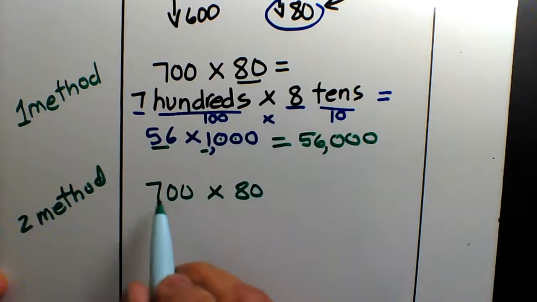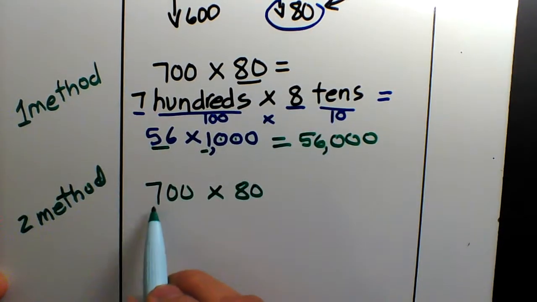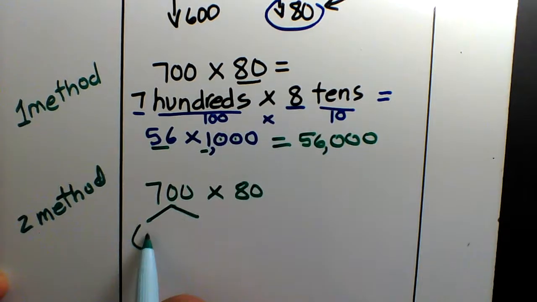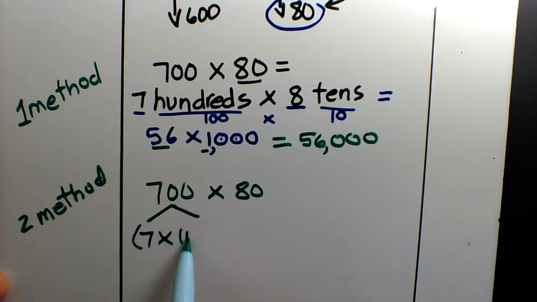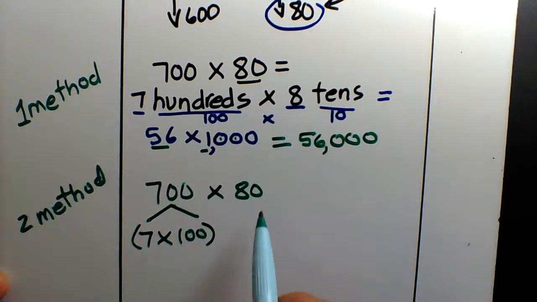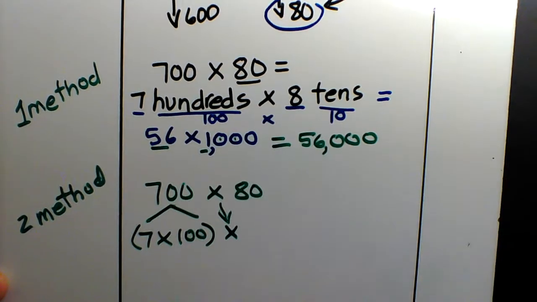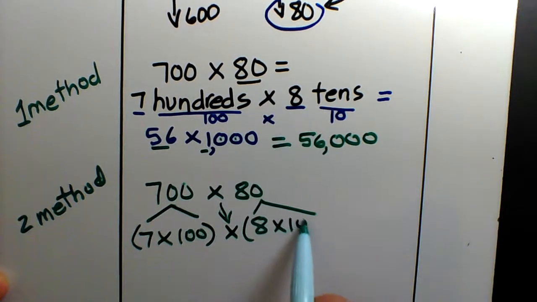So now we know that this number 700 can be decomposed into 7 times 100, and we'll still have the multiplication symbol there. And now we know that this 80 can be written as 8 times 10.